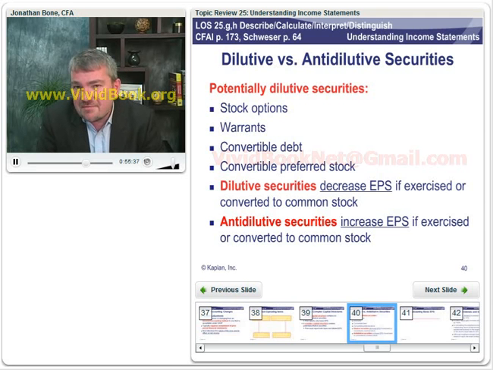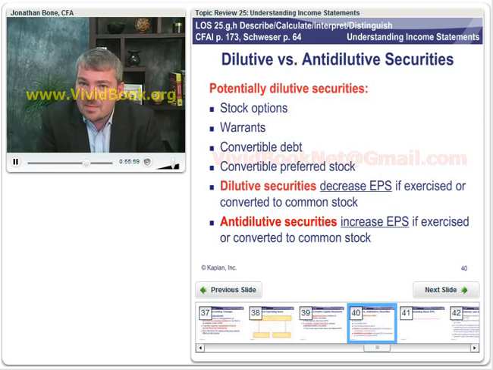So if on conversion this year they were to cause EPS to fall, they're dilutive. If on conversion they were to cause EPS to rise, then they're anti-dilutive, and we ignore them from our EPS calculation. So we only want to include the potentially dilutive securities that cause EPS to fall.